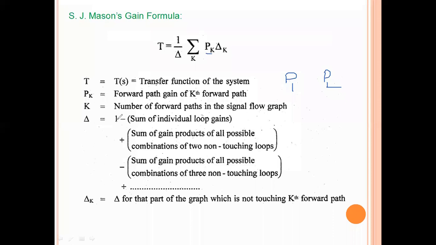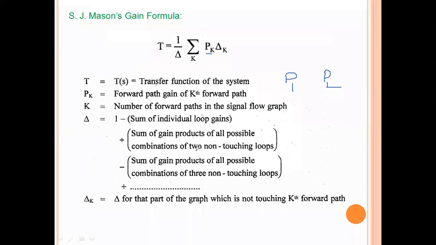And the third term is minus. So in this formula, it is 1 minus the first term, plus the second term, minus the third term, plus the fourth term, and so on. The first term covers individual loops, that is, single loop gains.